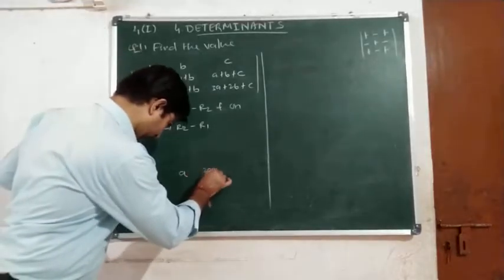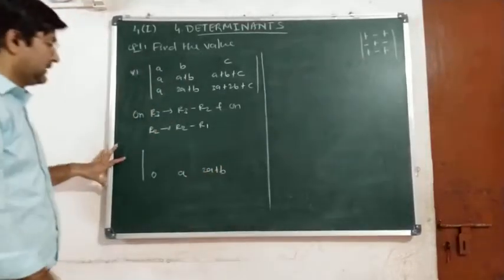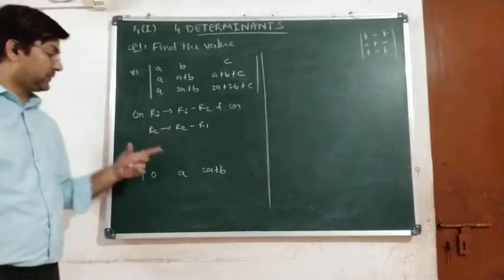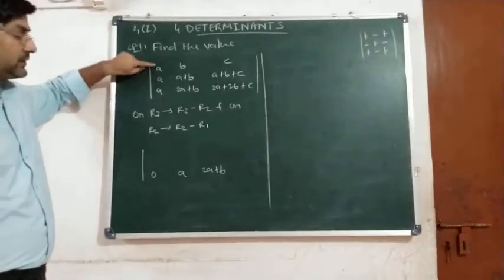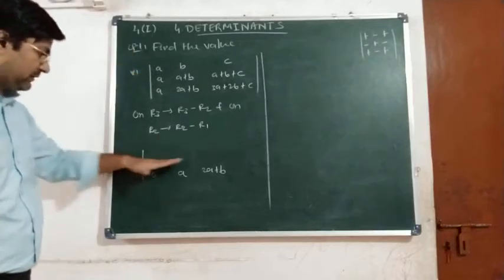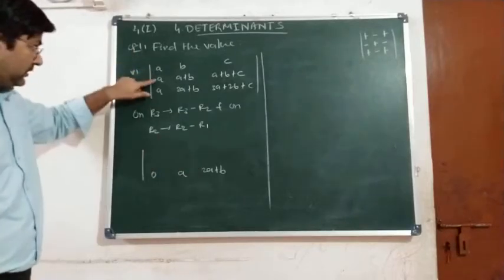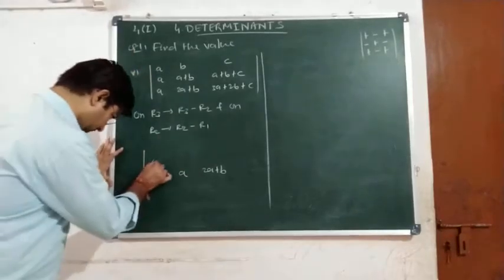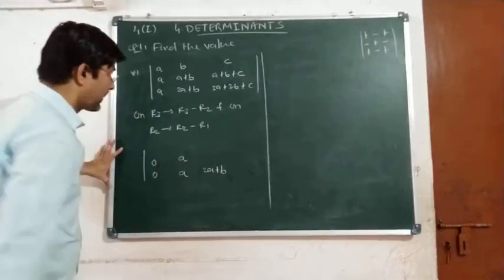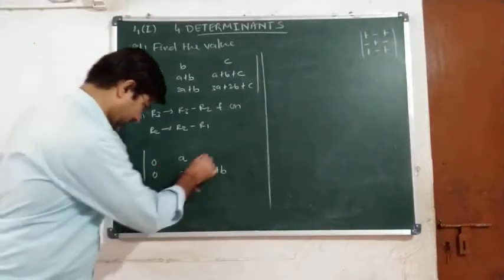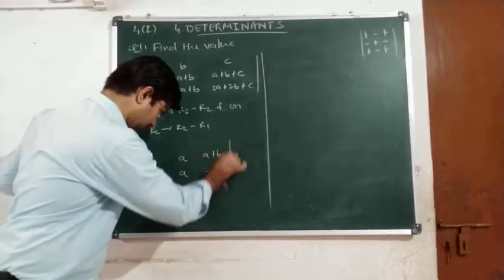Now the second operation, R2 minus R1: we subtract the first row from the second row, so we make changes in the second row. a minus a will be 0. a plus b minus b will be a only. And a plus b plus c minus c will be a plus b only.